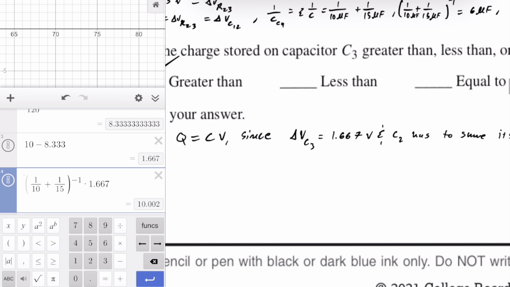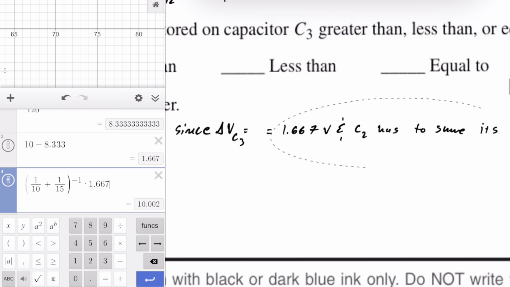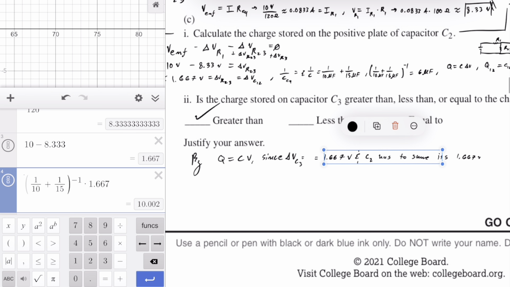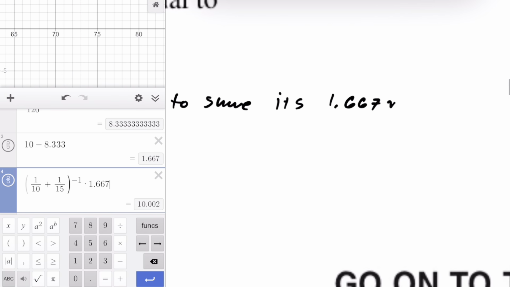Well, what I should say is since delta V C3 is equal to, I should just move this whole thing over. Since delta VC3 equals delta VC2, which is equal to, and C2, okay.